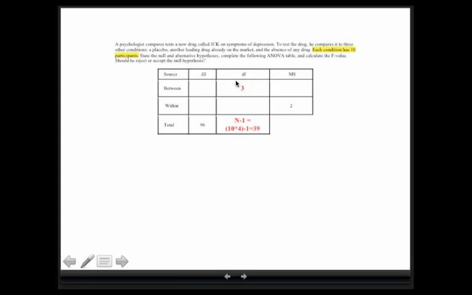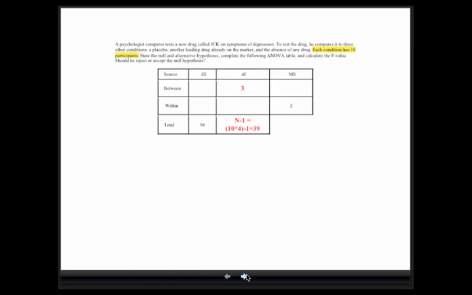So that was 3. Then for degrees of freedom total, you know that is calculated as n, which is the total number of participants, minus 1. In here, you already know that there's 4 conditions and there's 10 people in each condition. So 10 times 4, which is 40, minus 1 is 39.